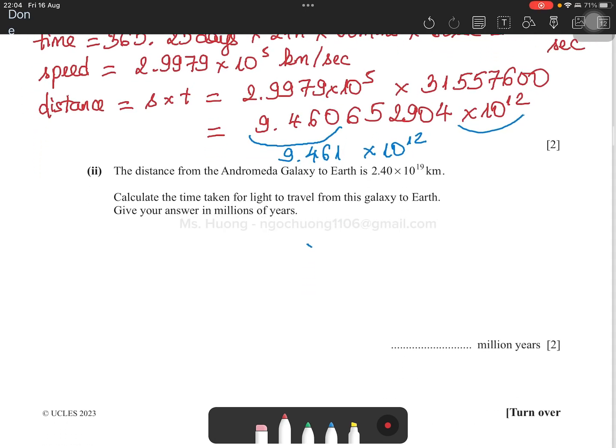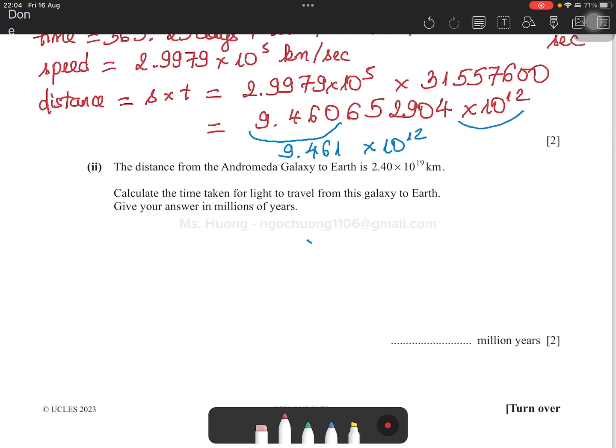Second question. The distance from Andromeda galaxy to Earth is 2.40 times 10 to the power of 19 kilometers. Calculate the time taken for light to travel from this galaxy to Earth. Give your answer in millions of years. In this case, we know the distance. This is the distance. And we also know the speed of light.